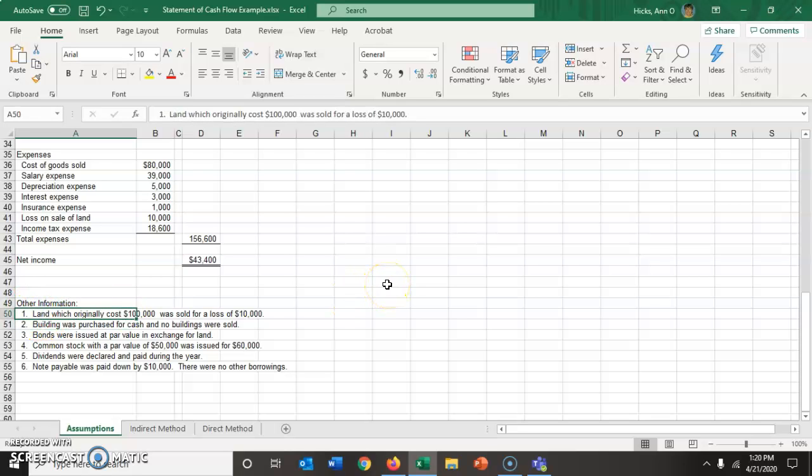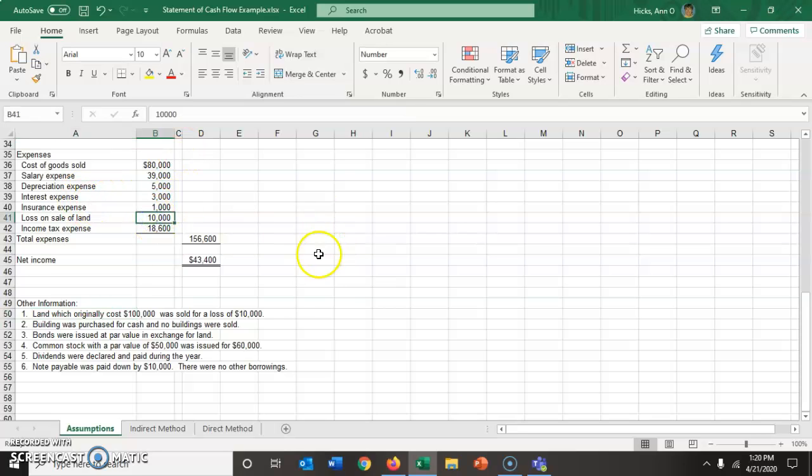One is land, which originally cost $100,000, was sold for a loss of $10,000. The other piece of information that relates to land is bonds were issued at par value in exchange for land. So let's deal with the first one. Land, which originally cost $100,000, was sold for a loss of $10,000.